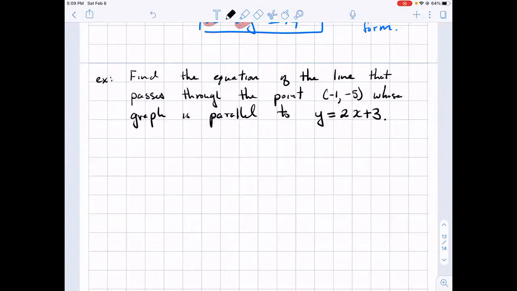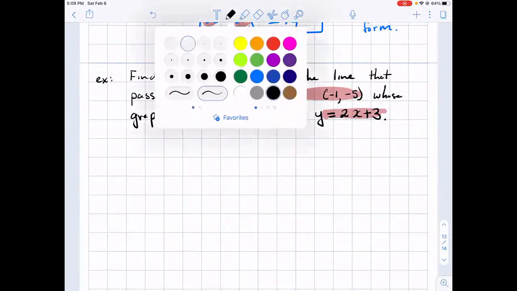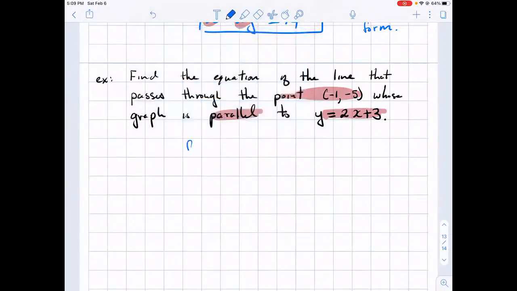Okay. So find the equation of the line that passes through the point. So you have a point, but it's parallel to this equation. So if it's parallel, find the slope of y equals 2x plus 3.